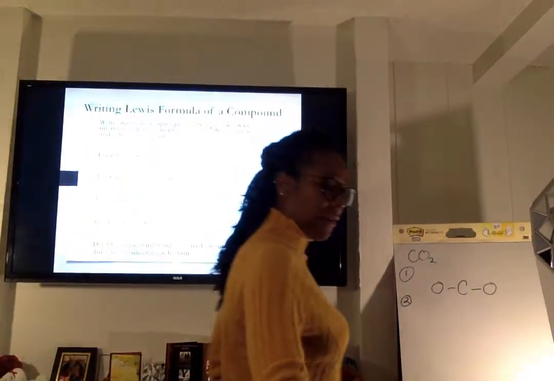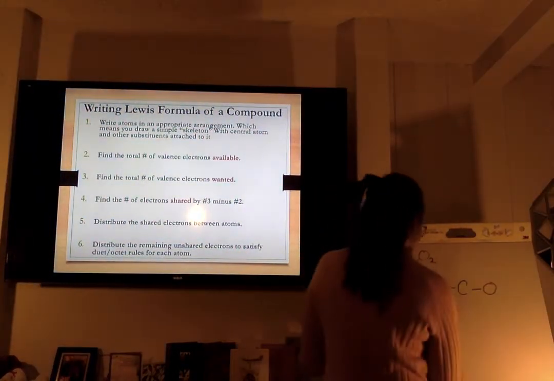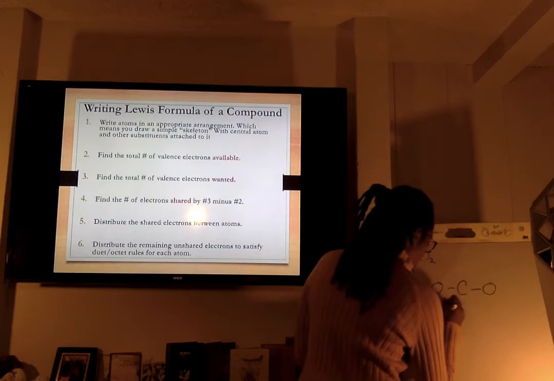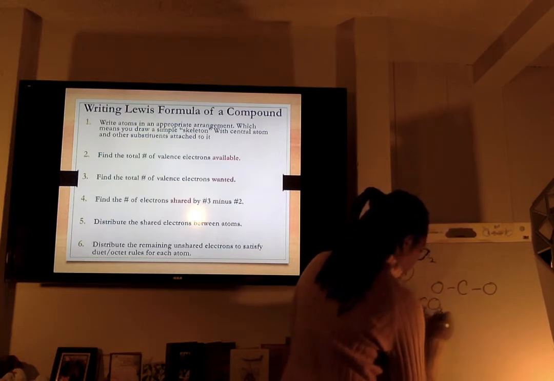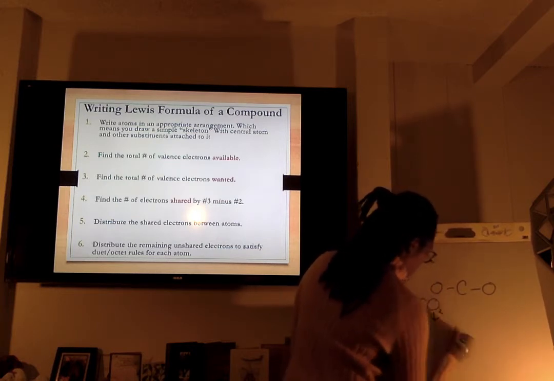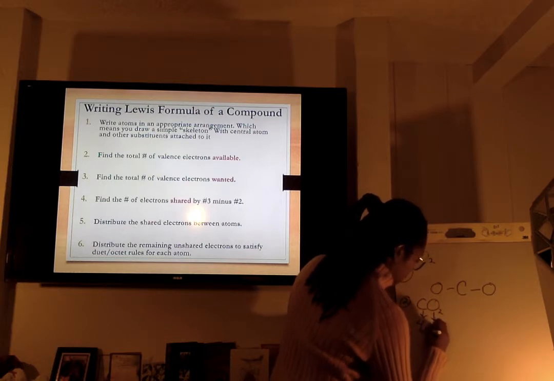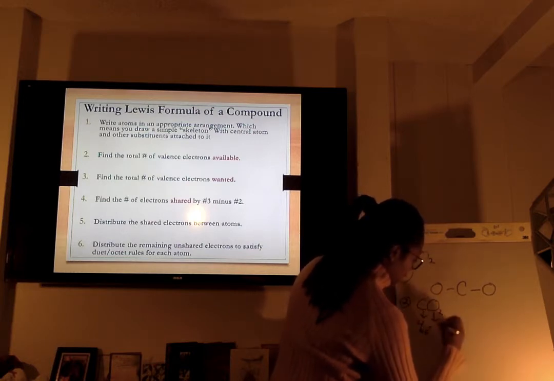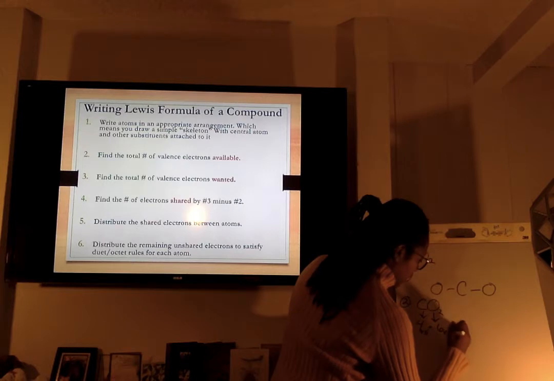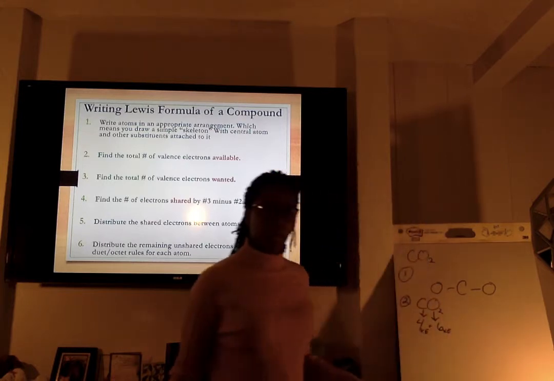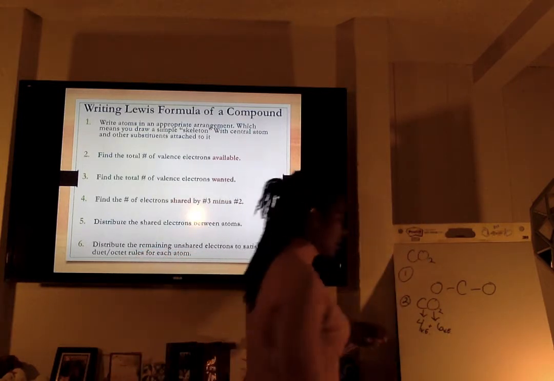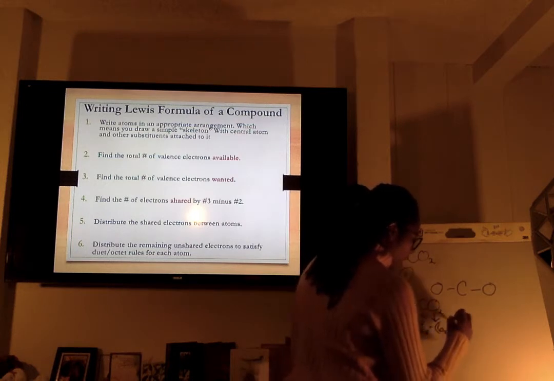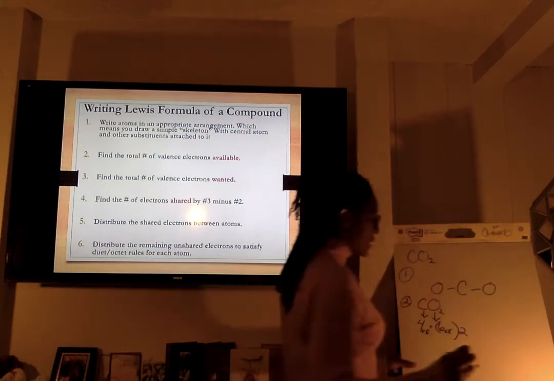So carbon has 4 valence electrons, and oxygen has 6 valence electrons, but there are 2 oxygens, so I'm going to have to multiply that 6 by 2.